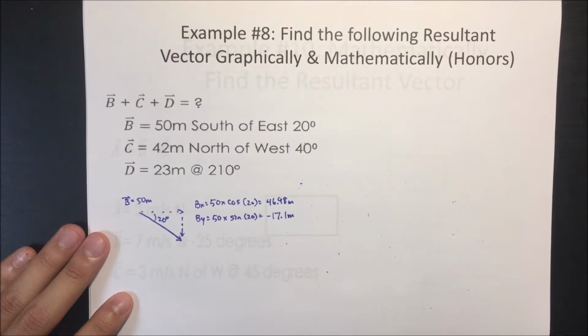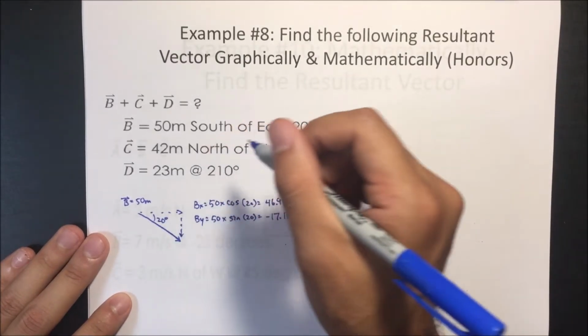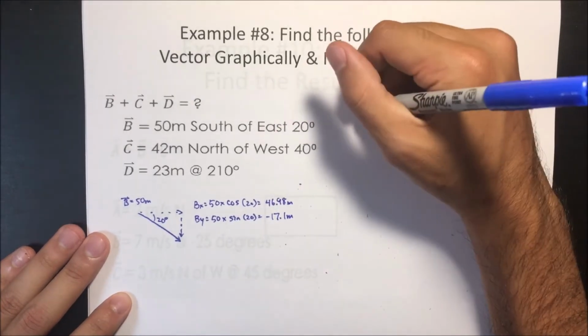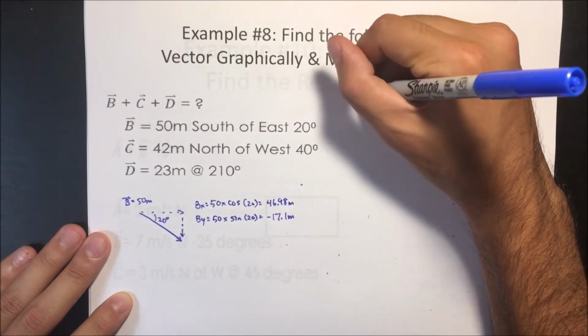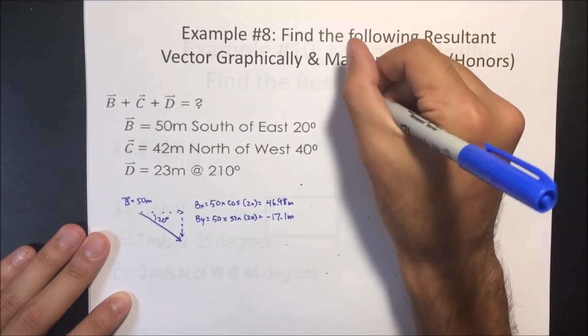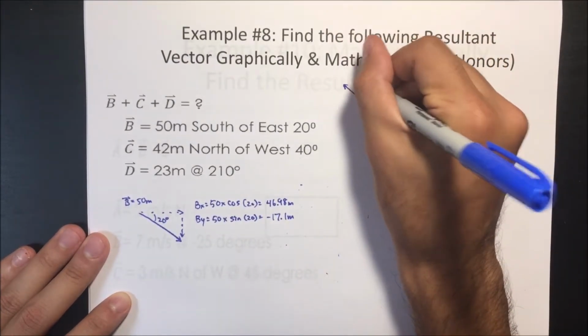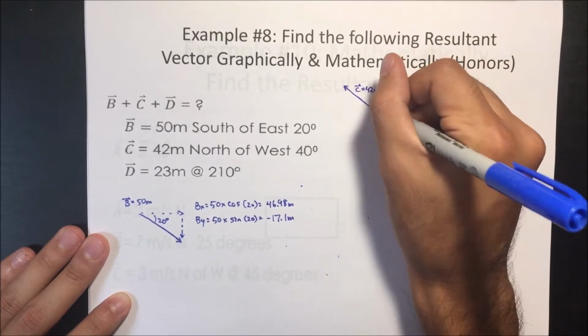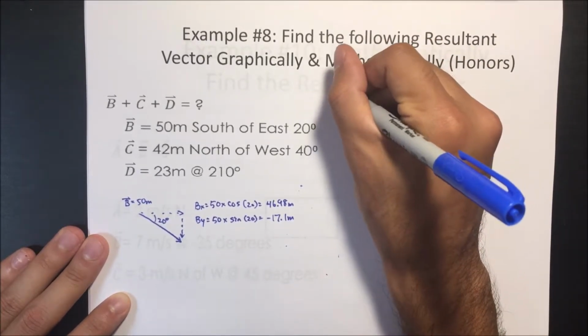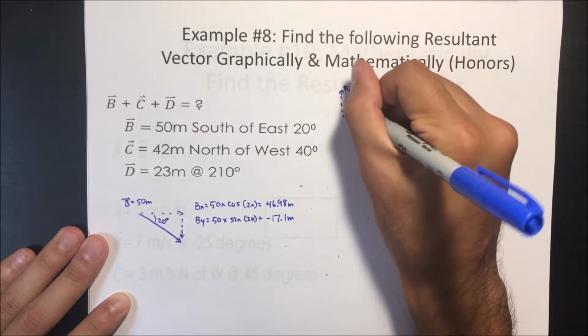Next, let's do vector C, 42 meters north of west 40 degrees. It's going to look like this, and this is vector C, 42 meters, and this is 40 degrees.